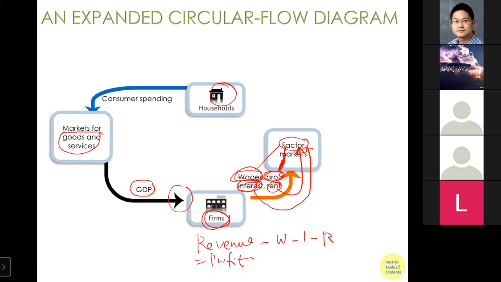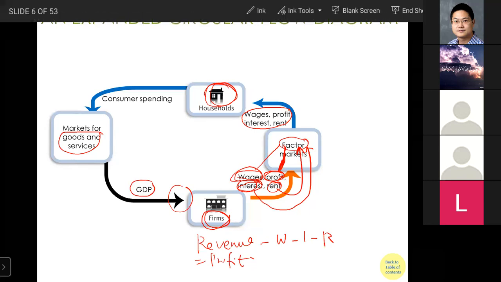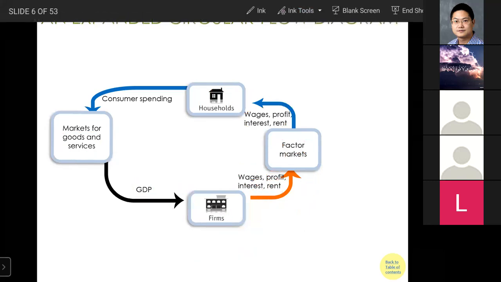Lastly, all those incomes or payments by the firm will go to someone, and this someone is exactly households. So now we have a closed loop. Let me erase everything so you have a better picture.